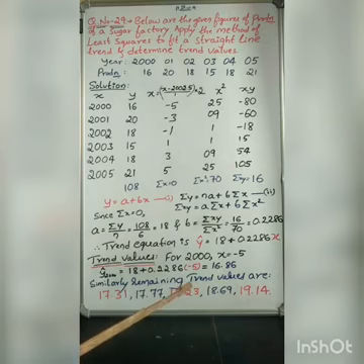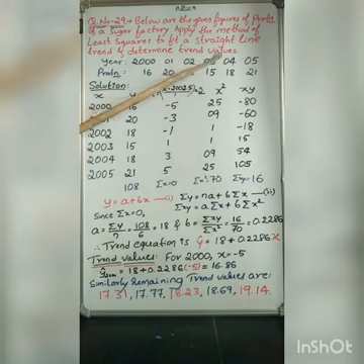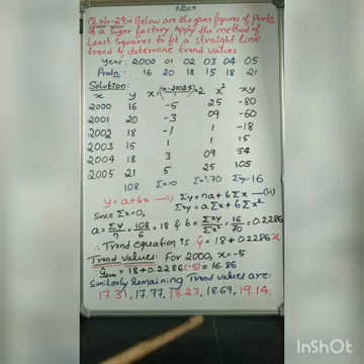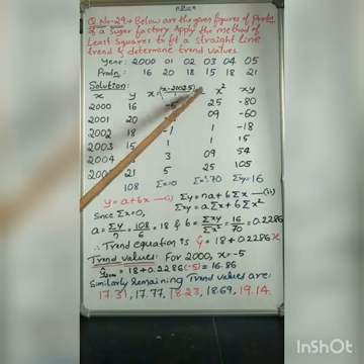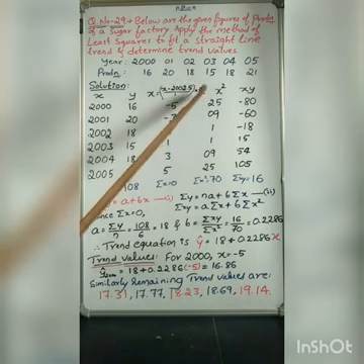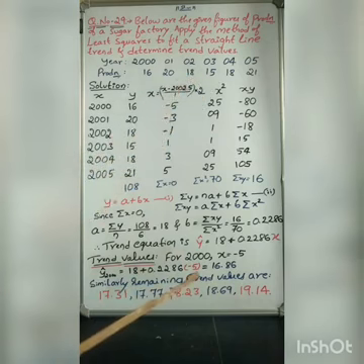So I'm asking you to remember, while solving for least squares method, you have to first observe whether the given number of observations are odd or even. If it is even, then x minus a divided by c multiplied by 2. This multiplied by 2 is very, very important in case of even numbers. If by chance it is odd numbers, nothing to worry. Middlemost observation you are going to get at x values.